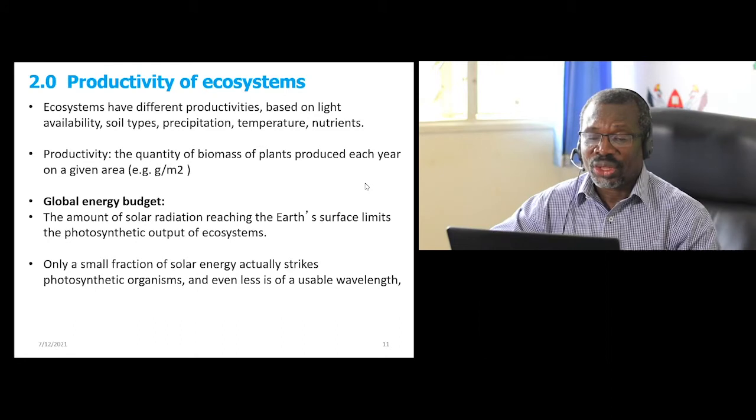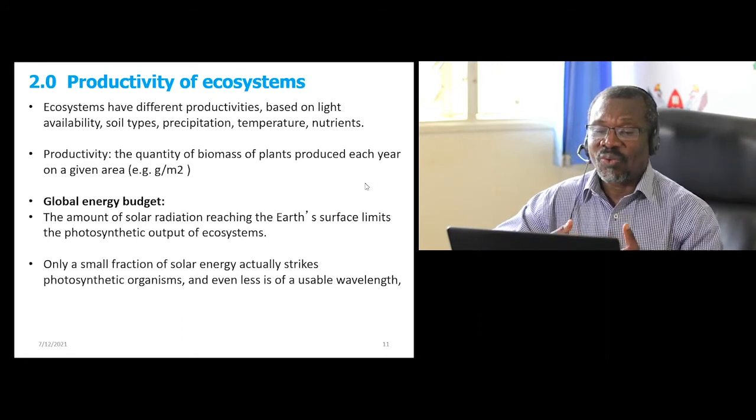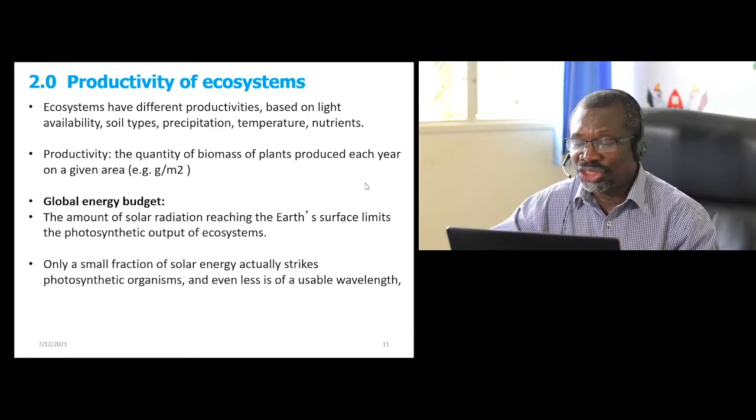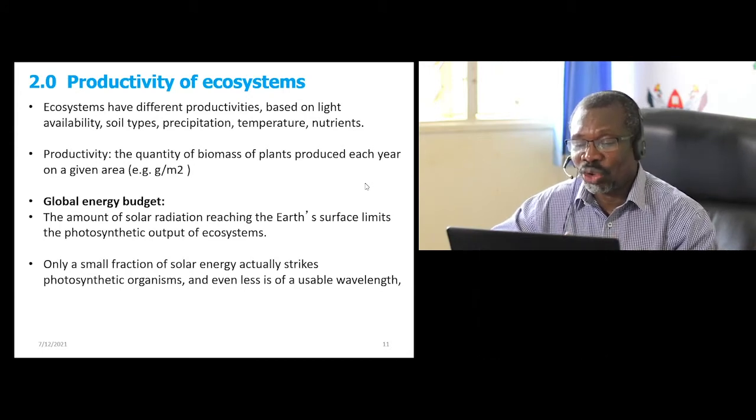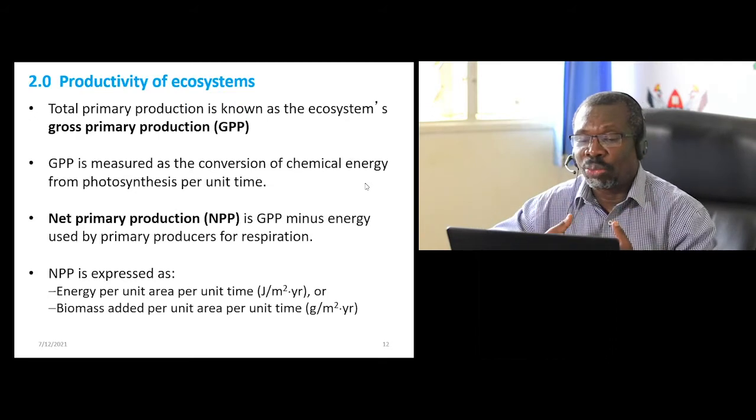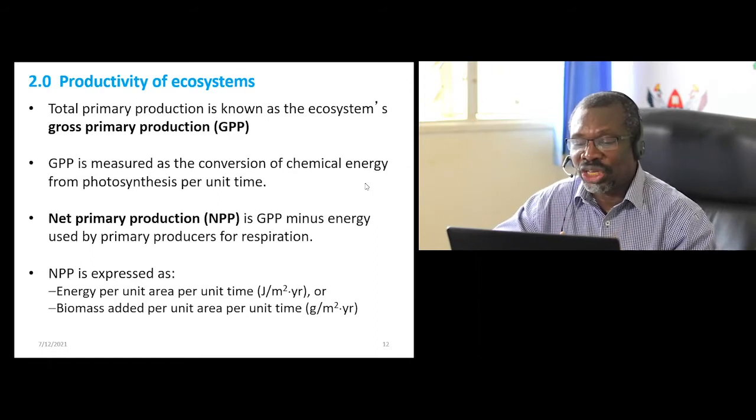So for every ecosystem, we can actually define the net primary productivity or the net primary production, which is actually the global primary production minus the energy used by primary producers for respiration.